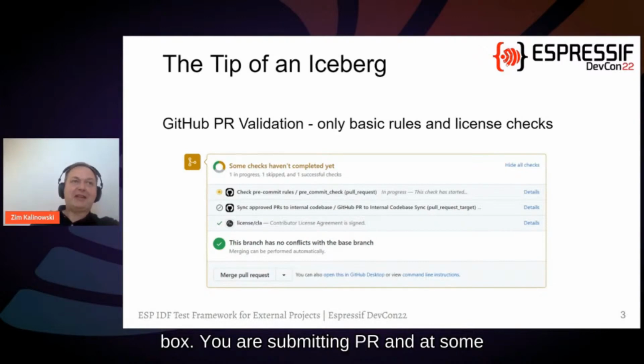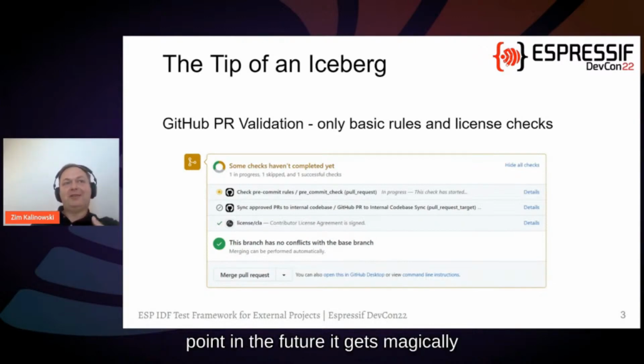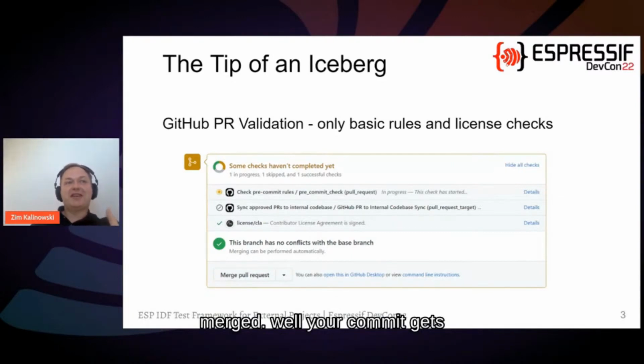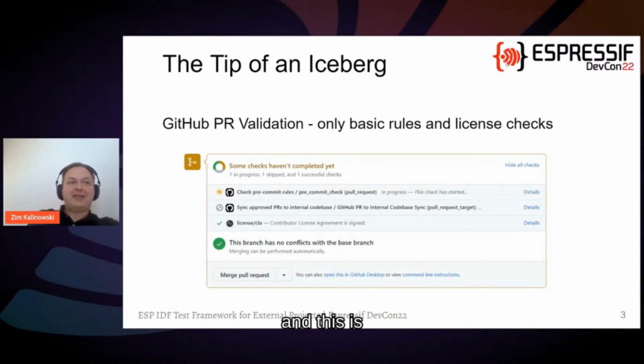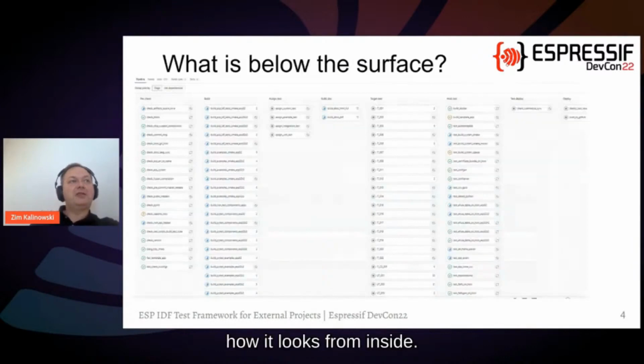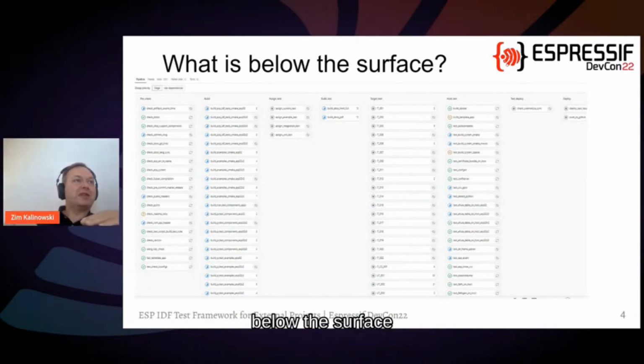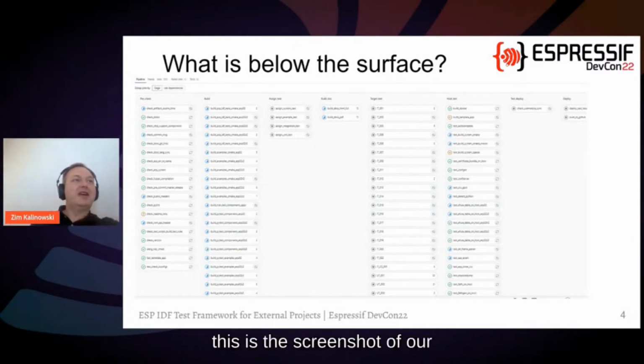You are submitting a PR, and at some point in the future, your commit gets magically merged. But there is not much in terms of tests visible, and this is how it looks from inside. That is what you can see below the surface.